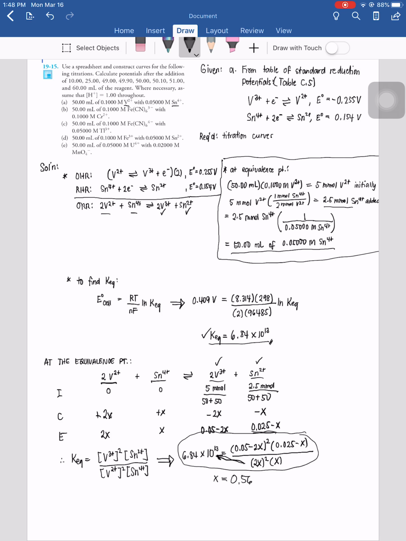So how could it go from a very low concentration of 0.025, you subtract it with 0.56. That should give you a negative value, which is not acceptable. So we won't accept that one. Let's try to redo that one again.